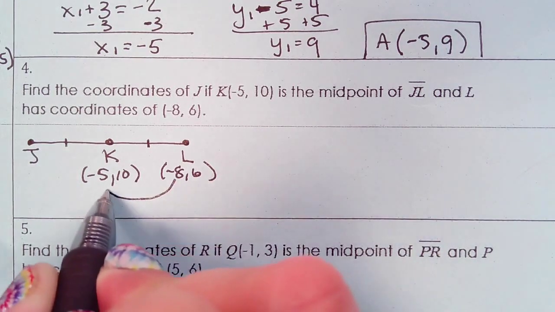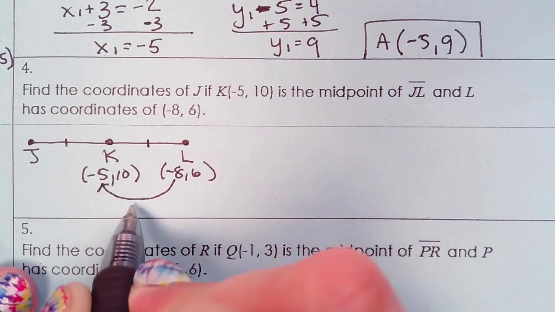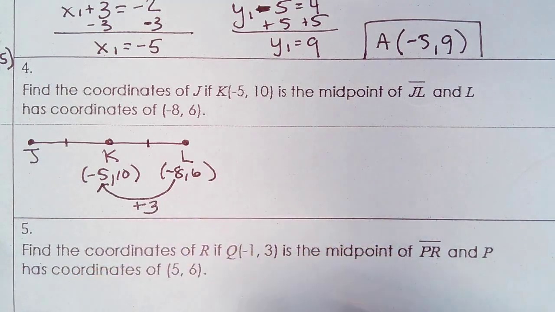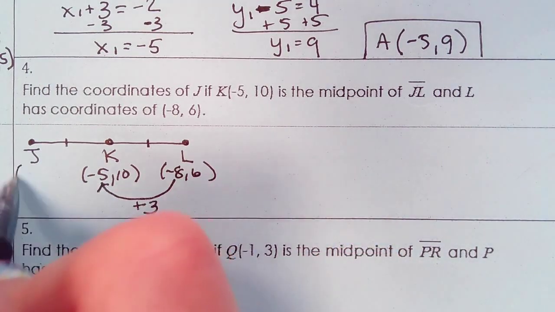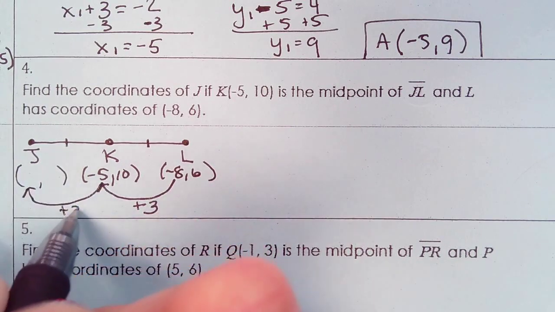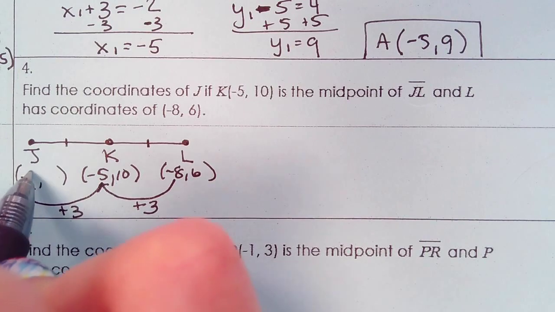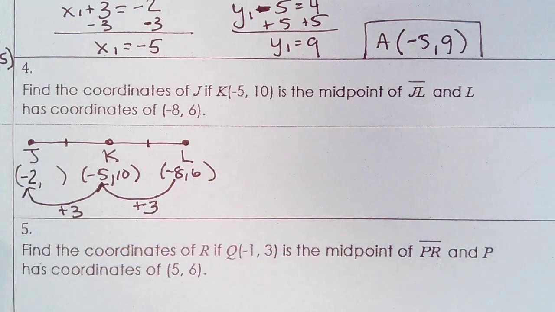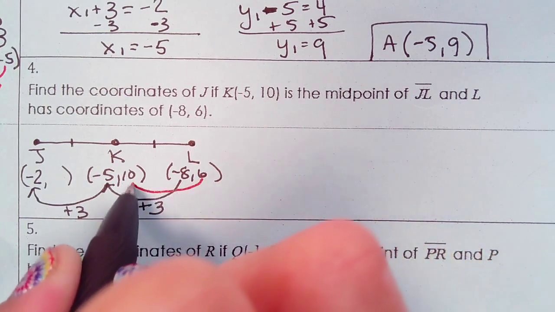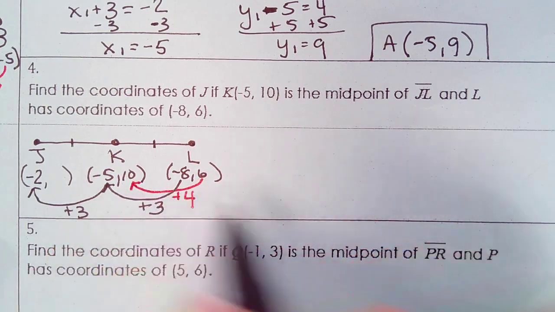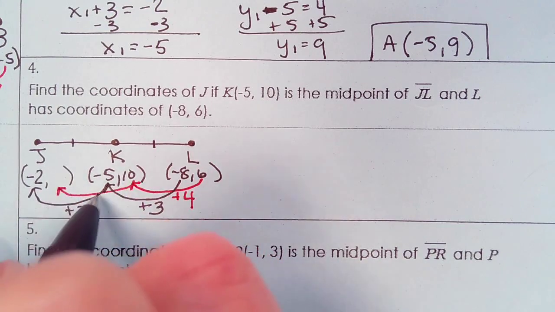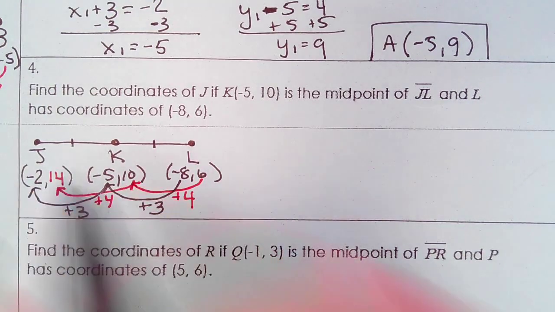From -8 to -5, we are getting closer to 0, so we are adding 3. So -5 to our new x, we need to add 3. -5 plus 3 is -2. Now for our y's, from 6 to 10, I added 4. So from 10 to this new number, I should add 4, and that should be 14.